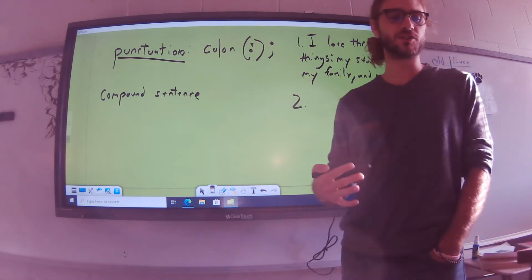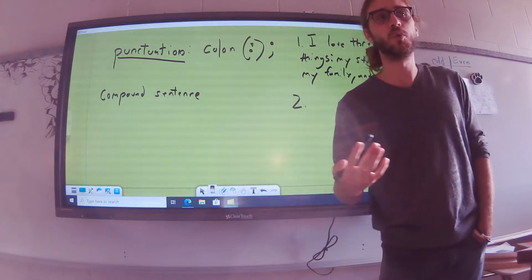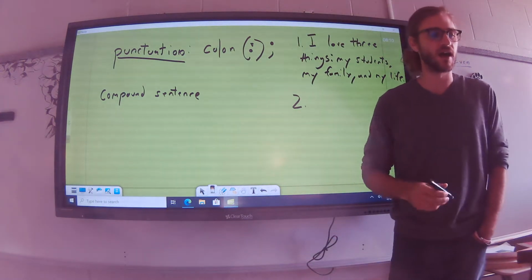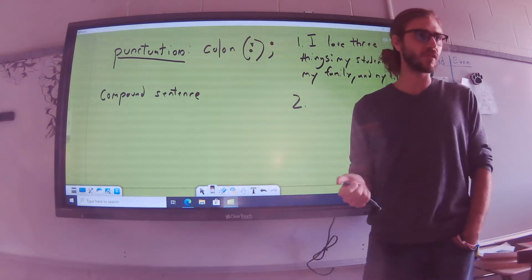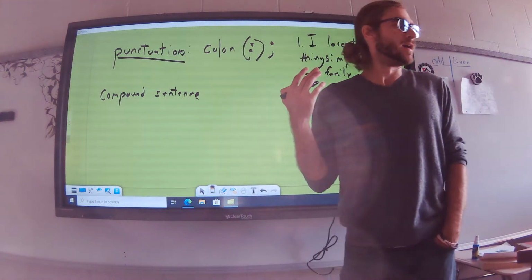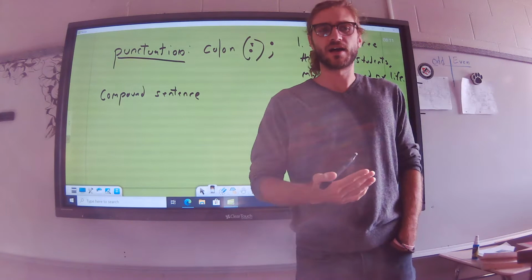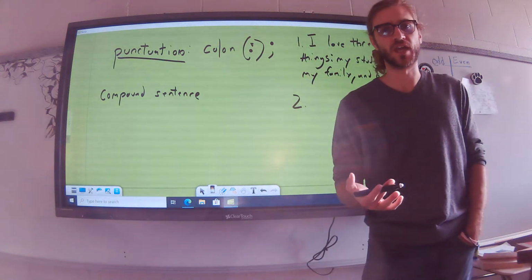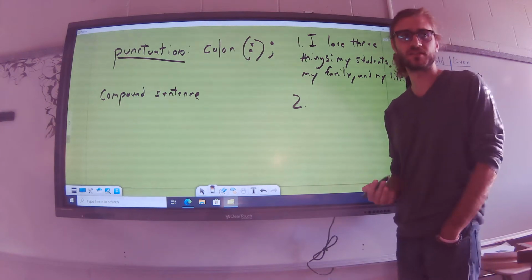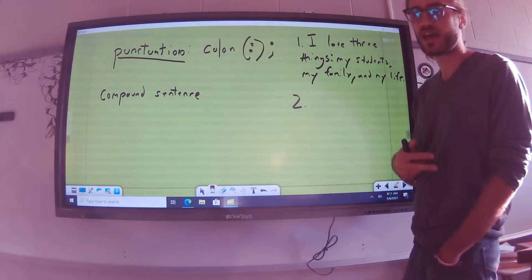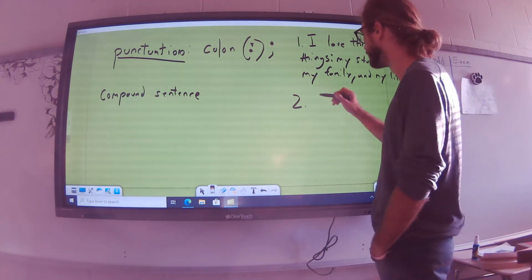You can use it to introduce a quote, right? So if I were to say something like, Shakespeare has said many profound things throughout his plays, right? So let's say I had that sentence, and then I had another sentence, and I said, here's one.